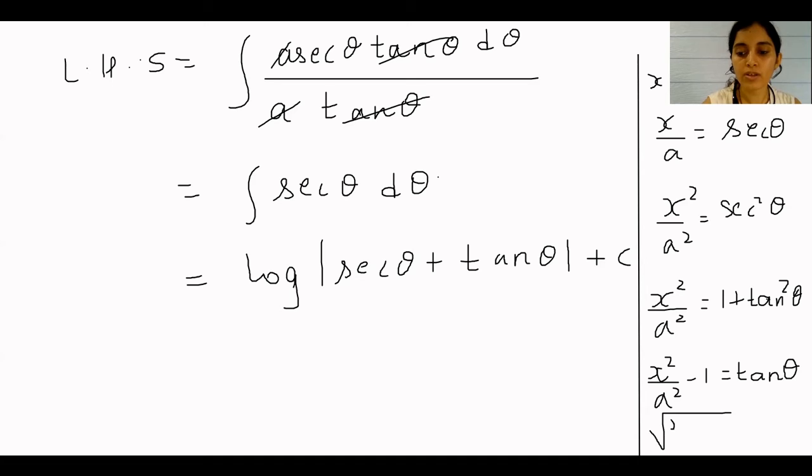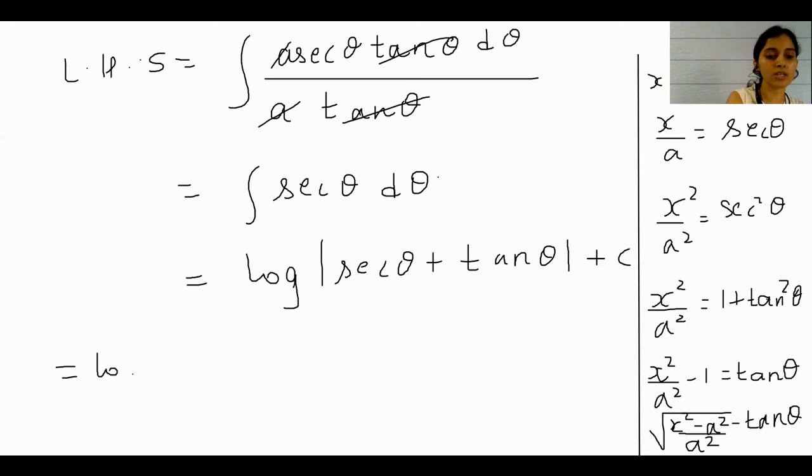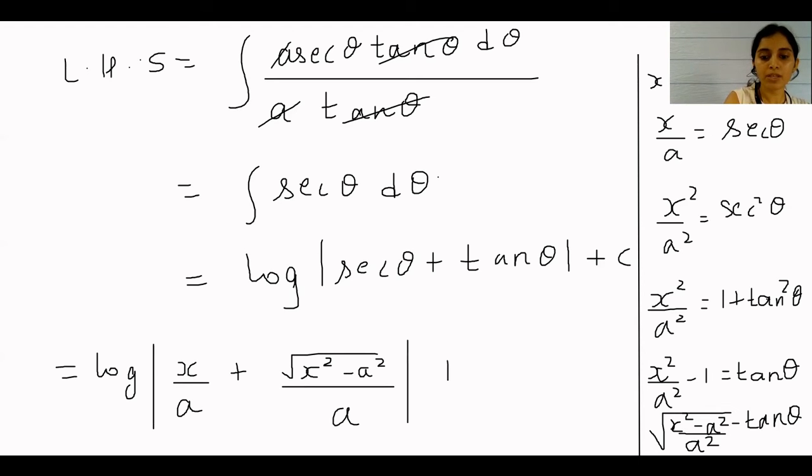So root of x square minus a square upon a square equal to tan theta. Now we have both the values. Let us substitute in our LHS. So we'll have log of sec theta, x upon a, plus tan theta, root of x square minus a square divided by root of a square, which is a, plus c.